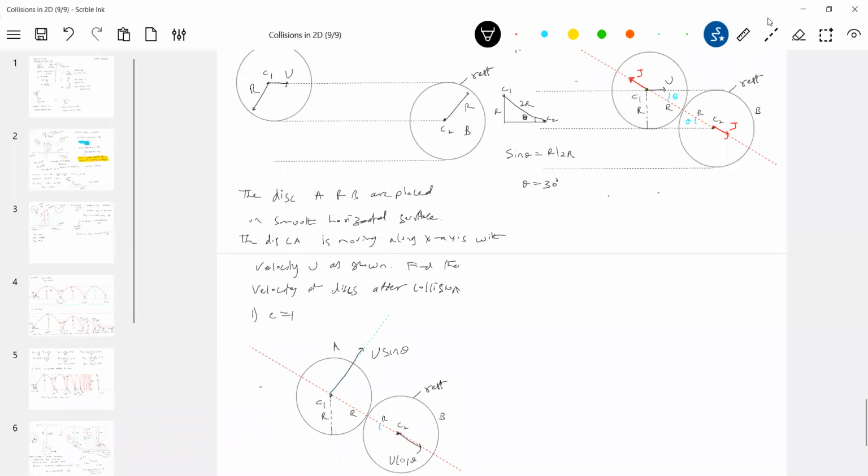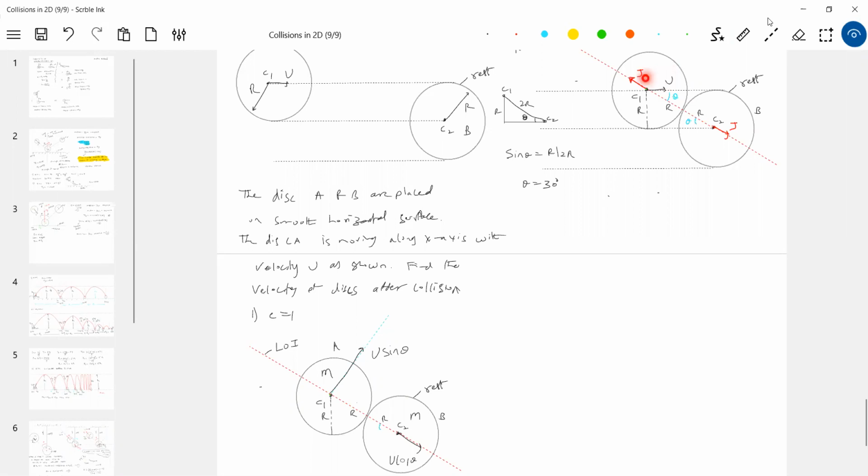They move perpendicular to each other. So the best way of doing this problem is along the line of impact and perpendicular to the line. The velocities of colliding objects perpendicular to the line of impact should remain the same, no? So here only we could have done that. U sin theta, how? Perpendicular to the line of impact. So that component will not change.